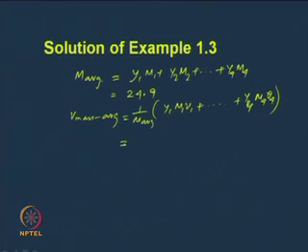After substitution of both M average and all this data, it will be 0.014 meter per second. So, this way we can calculate the molar average velocity and mass average velocity for a given system.